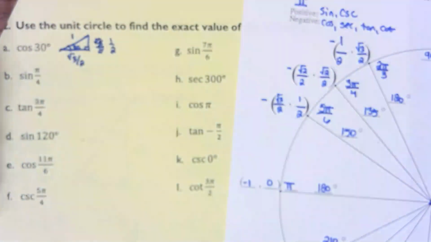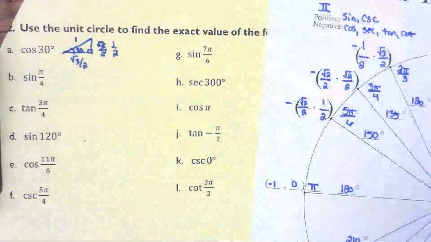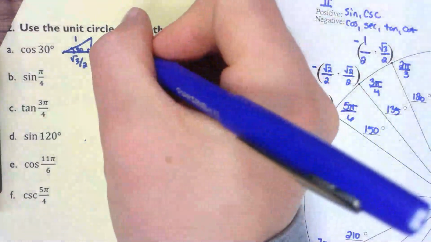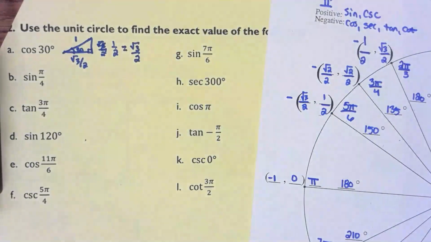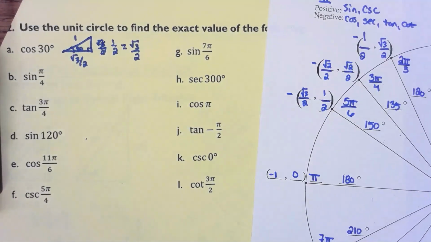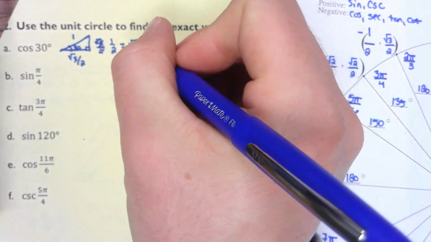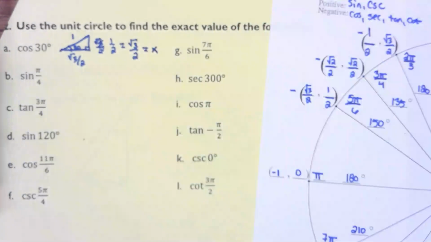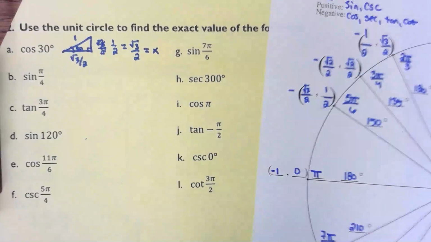The hypotenuse is 1. And so if I take the adjacent side of root 3 over 2 over the hypotenuse, 1, I just get root 3 over 2. I could have also used what we just came up with, in that cosine of theta is equal to the x-coordinate. And I didn't even need to do that work. And that's going to actually be a much quicker way to do this moving forward.